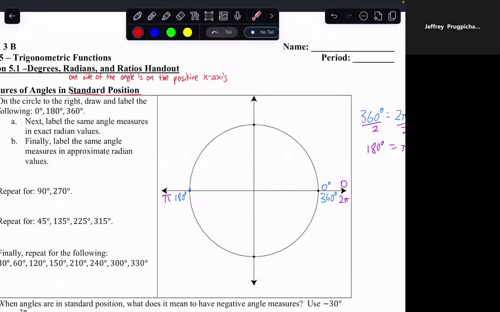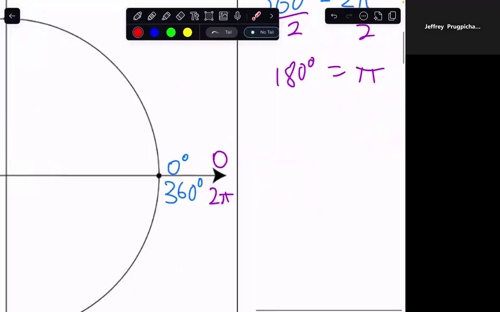Okay, and then over here, do the same in approximate radians. We're not going to do this too much because, like I said, you don't have a calculator, but it's good to have an estimate. You remember that pi is an irrational number. The decimal goes on forever, but it's approximately 3.14.